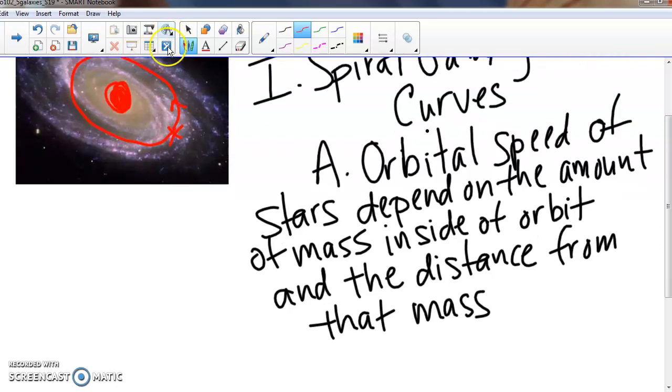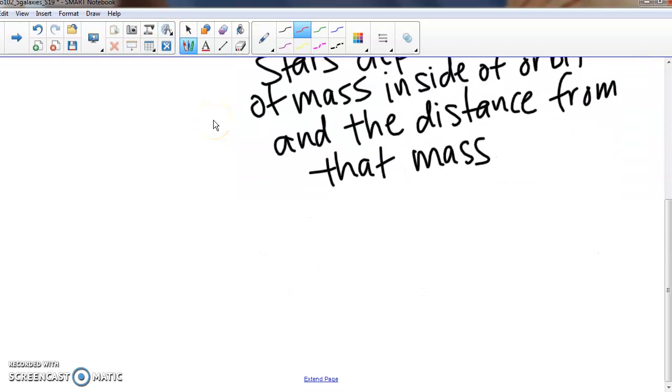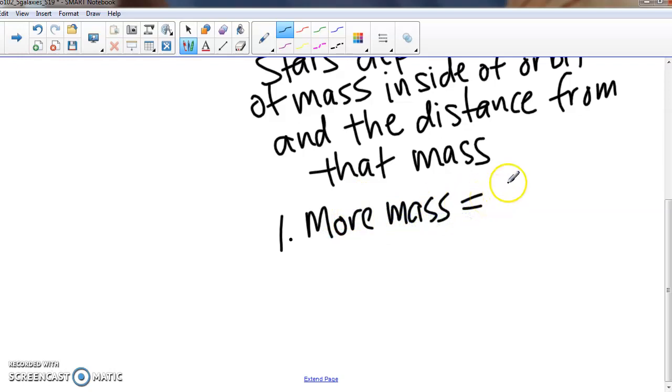So let me just write that down in those terms. A short version of what I just said is that if you have more mass, that means the star is going to go faster. You have a faster speed.